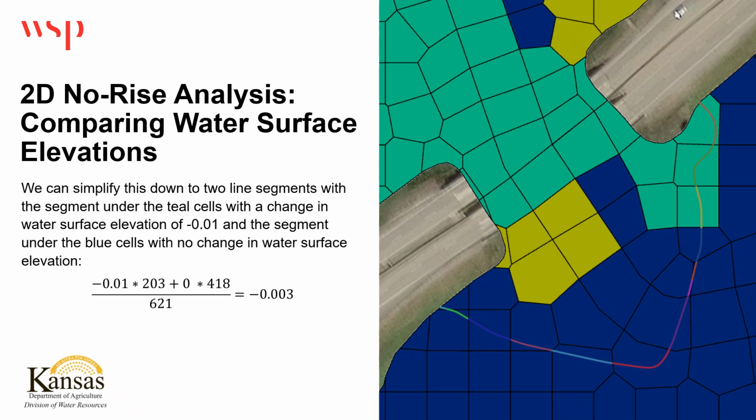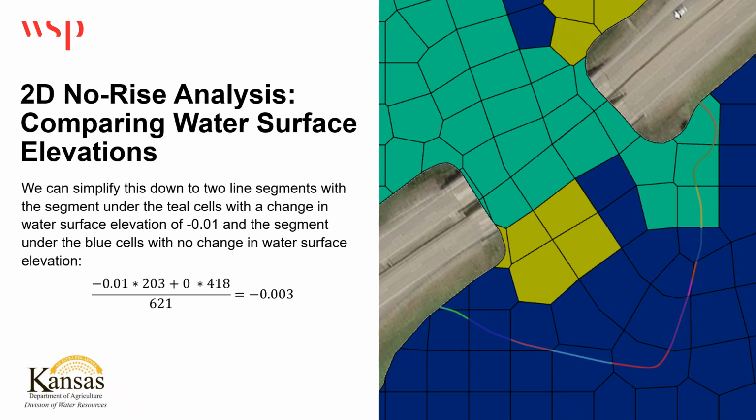So to compute our average, we just take the negative 0.01 times the shorter line segment there over the three teal cells of 203 feet, and then we divide that by the total line length of 621 feet, and we get negative 0.003 feet. And we can round that down to 0.